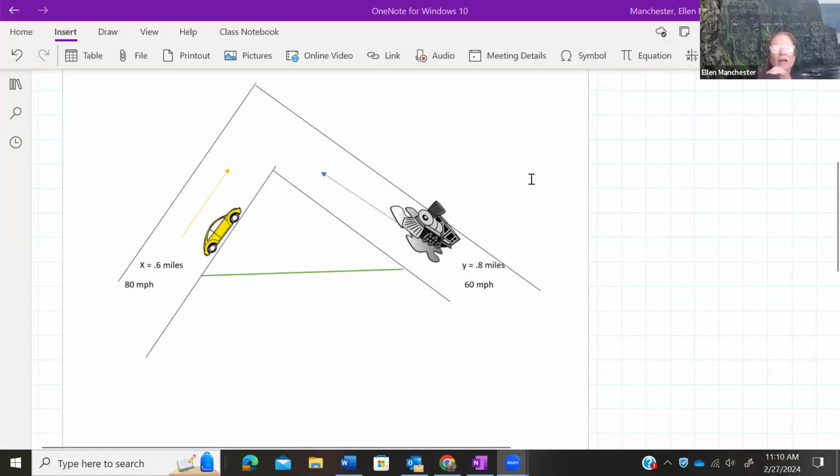So I'm going to share my screen, and I don't want you to take notes on this, just because I want you to really watch what I'm doing. So what we're getting into is what's called related rates. Because we're talking about derivatives and implicit differentiation, we're going to have different variables, right?